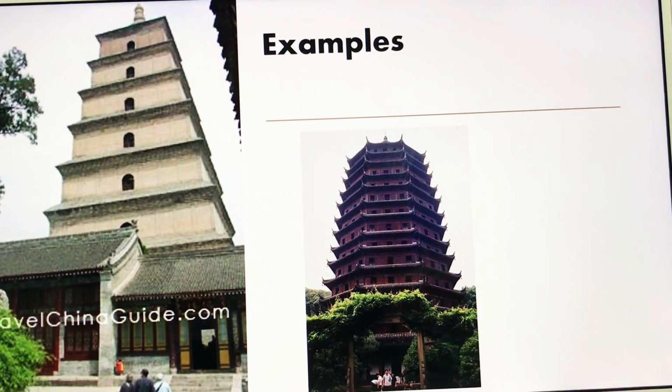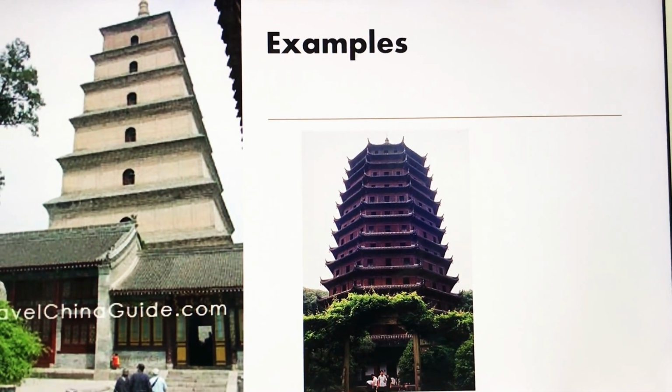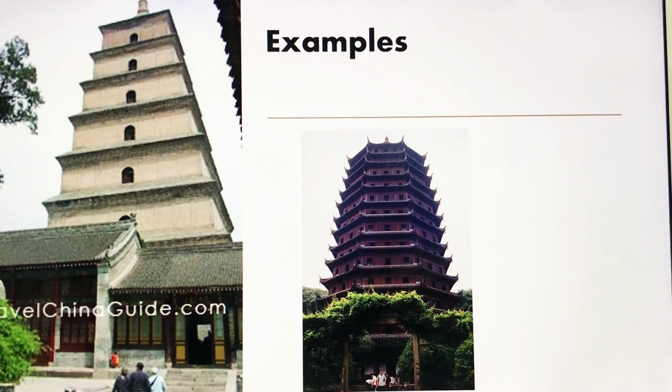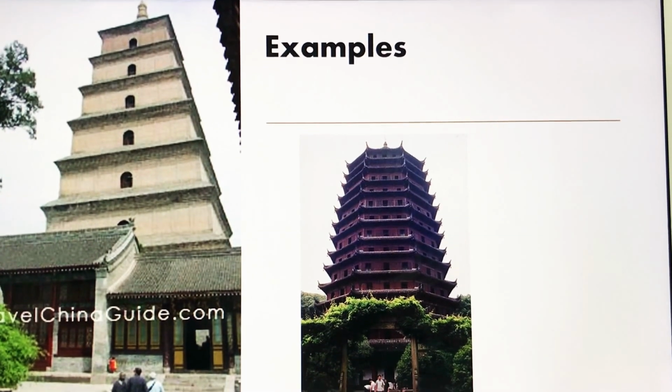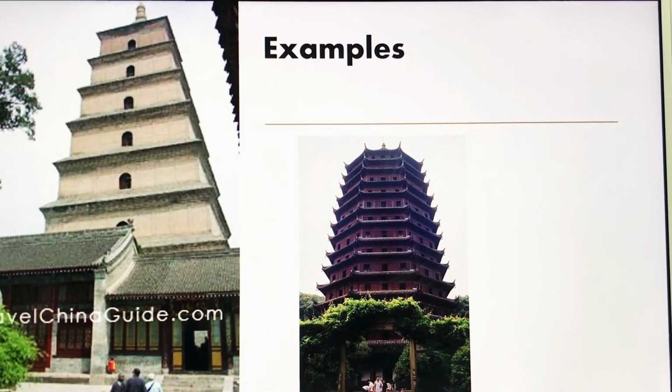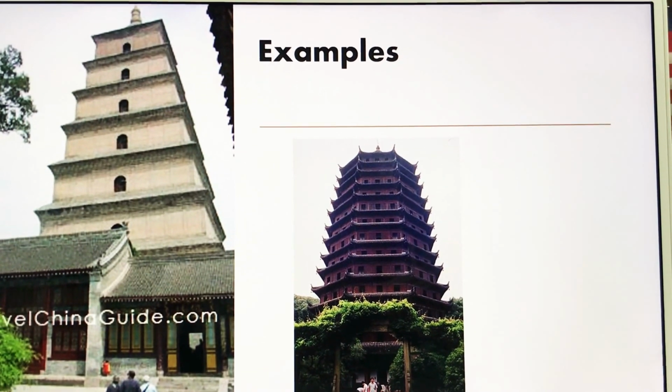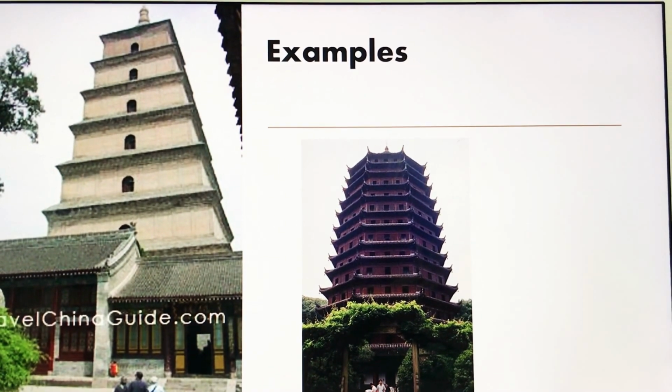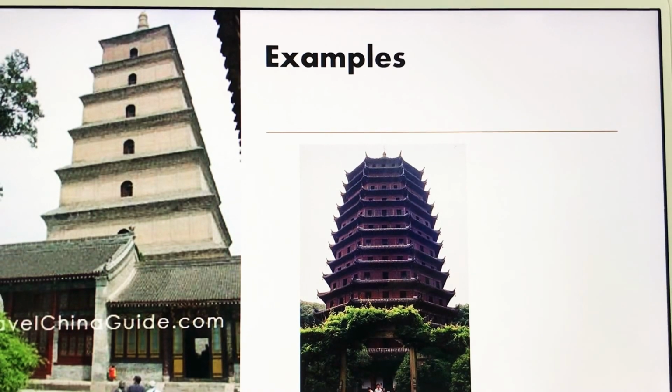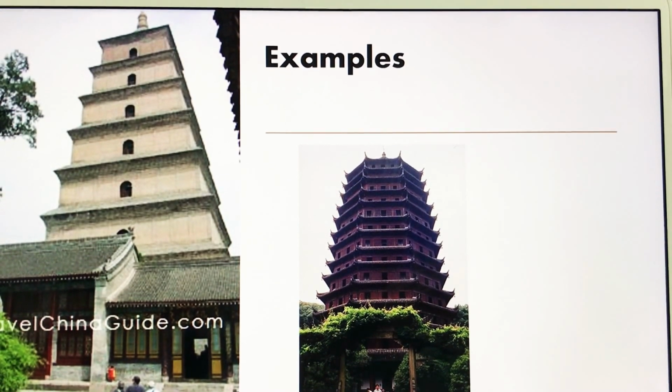And on the top of the pagoda, you probably see the steeple, like an upside down V shape of tower points. This is what they always decorate on the top.